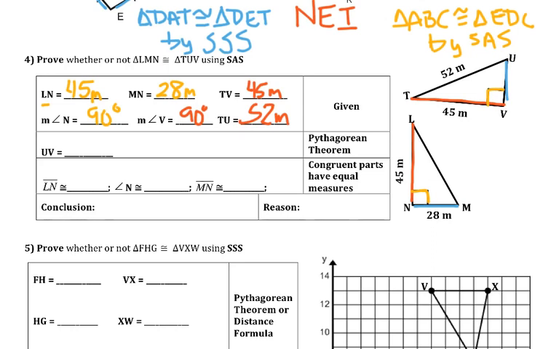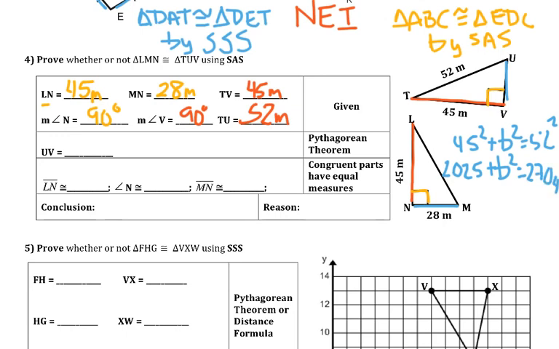The Pythagorean Theorem states that the two shorter sides, so 45 squared plus b squared, is equal to 52 squared. Now, if we square those two values, we get 2,025 plus b squared is equal to 2,704.